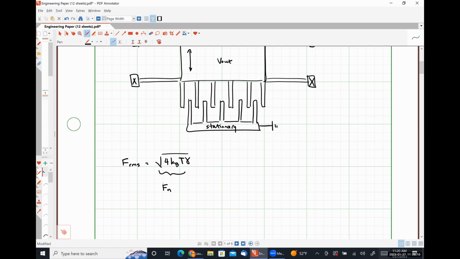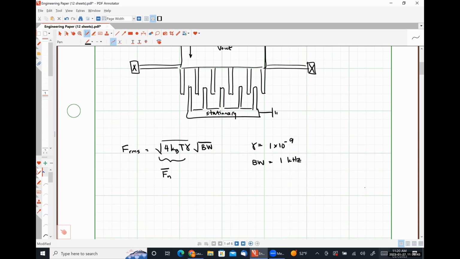So this is Fn with a bar over it. And then we multiply it by our bandwidth, just like we did with thermal noise voltage, because we are converting a spectral density into an RMS value, right? So let's say, for the sake of argument, that gamma is 1 times 10 to the minus 9, and our bandwidth for the system is 1 kilohertz.